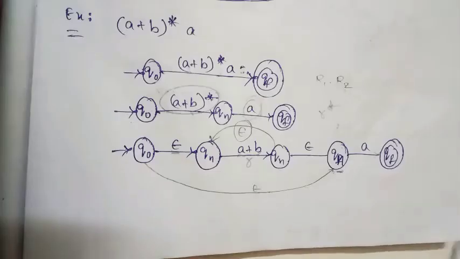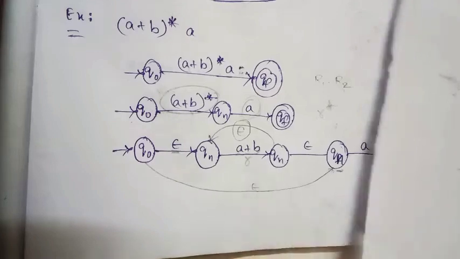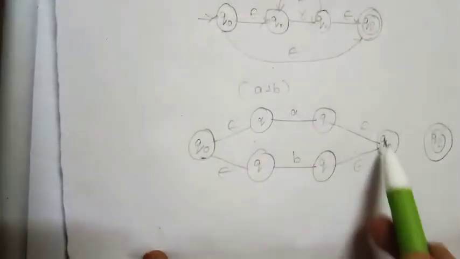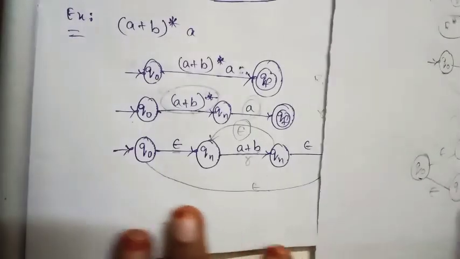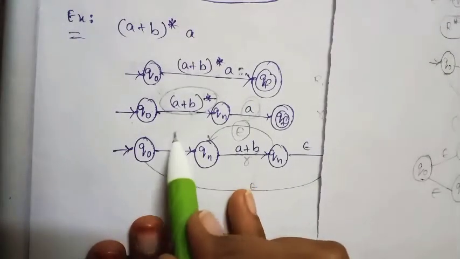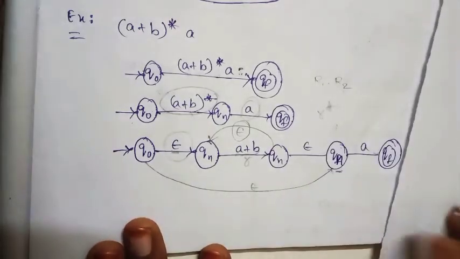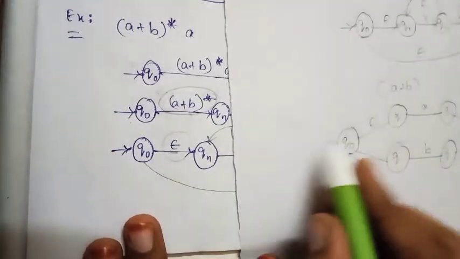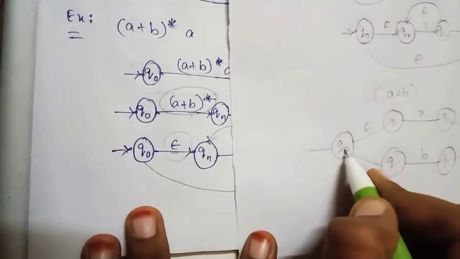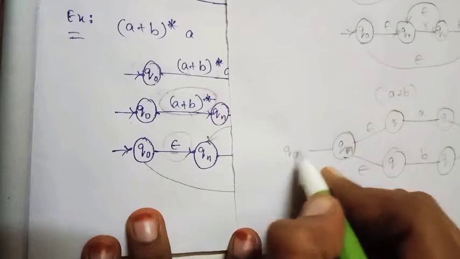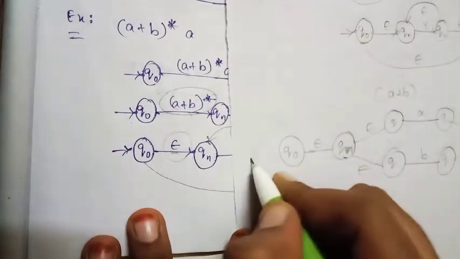That means, see guys, for A plus B I just drew the structure for A plus B. This is the only structure for A plus B. Then what about this epsilon, and what about this state, I am modifying this here. It is not the initial state, let's take it as a new state, and this is the initial state epsilon.